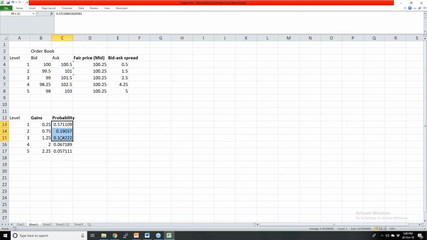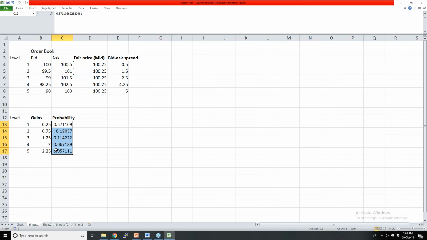Can I show you the formula of probability? I took a function of the bid-ask spread and how far you were from the best bid. This is just an example. These are not real probabilities, but with historical data, you can actually calculate these probabilities for a given time frame.